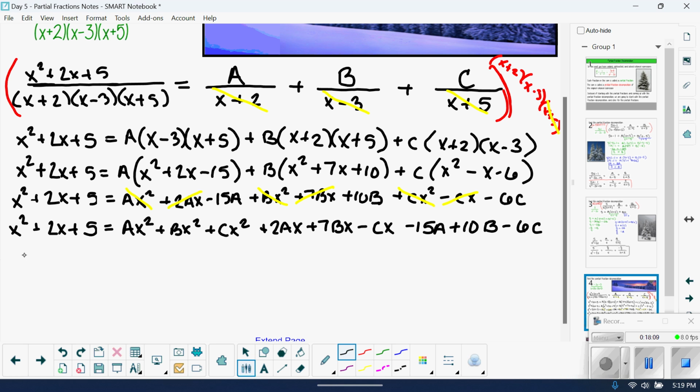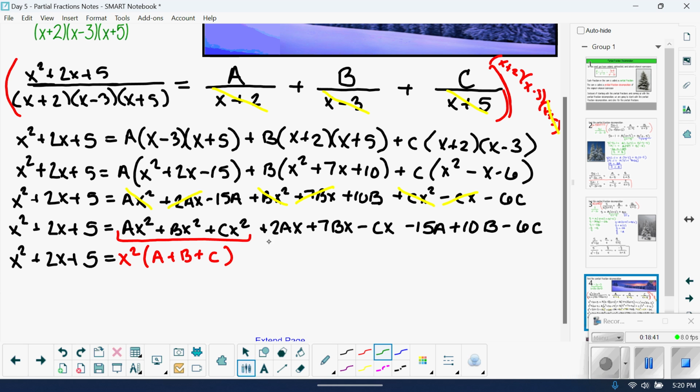Okay, what we're going to do, again, left side, I have x squared plus 2x plus 5. The right side, I want to write this as a factor of x squared. So if I'm looking just at these three, I notice they all have an x squared in them. So I'm going to factor out an x squared from all of them, and when I do that, I get a plus b plus c.